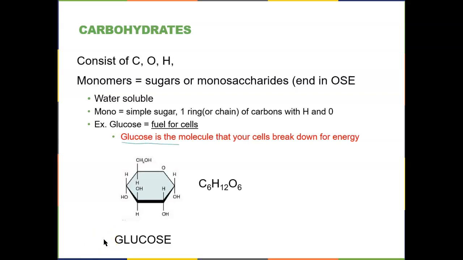This is, as it says right here, the molecule your cells prefer to break down in order to make energy. So my shorthand for that is fuel for cells, but you can think of it as sort of like the gasoline that goes in the tank of your car. It is the preferred energy unit, if you will, for your cells.